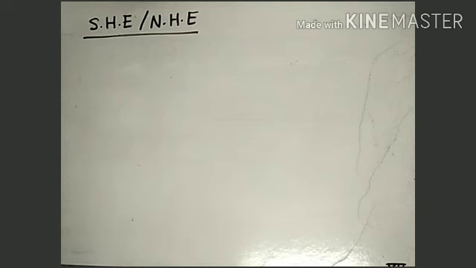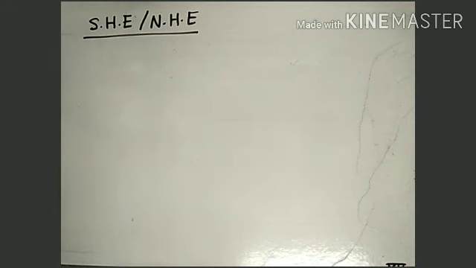So we can easily detect it by using SHE and NHE. Later on you will get the answer to why we are studying SHE and NHE. Well, first of all we see the construction of SHE or NHE.